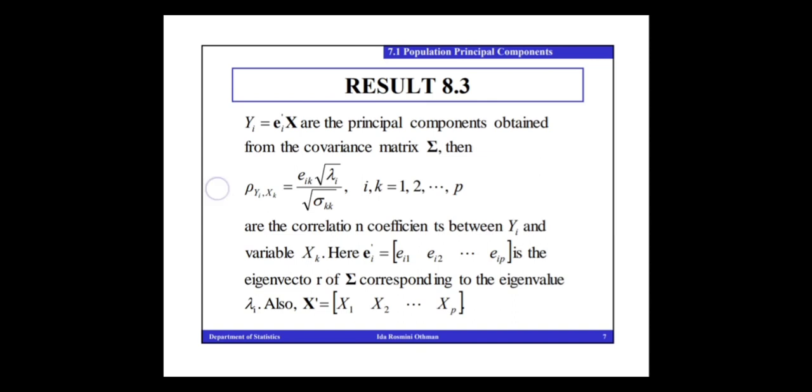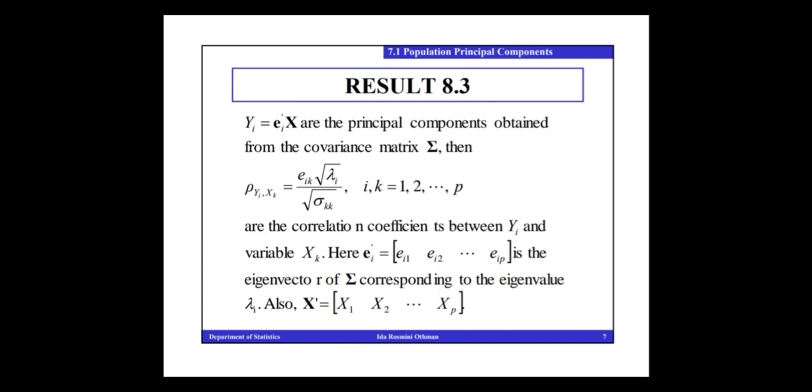Okay, so this is our principal component formula from the covariance matrix big sigma. Okay, the formula will be, apa ni panggil, rho of yi and xk. Y adalah refer kepada principal components, x adalah refer kepada variables.